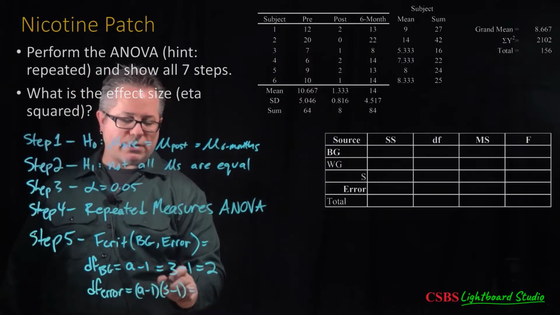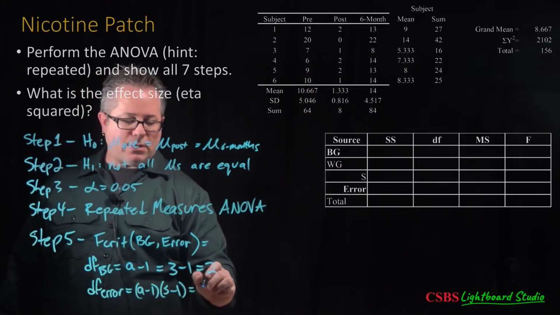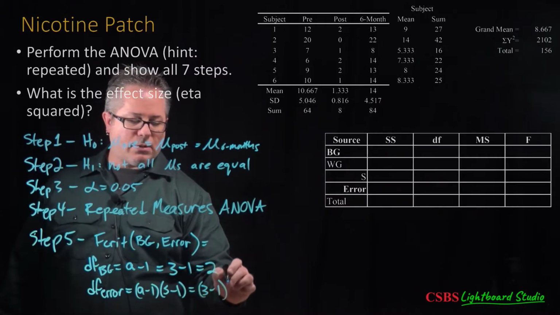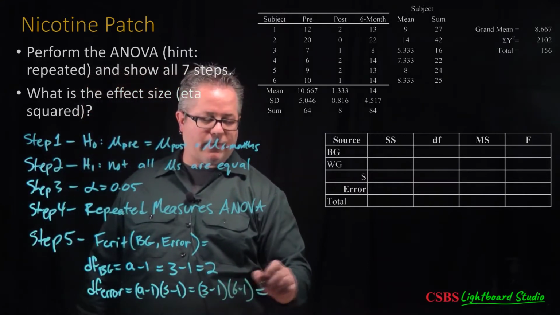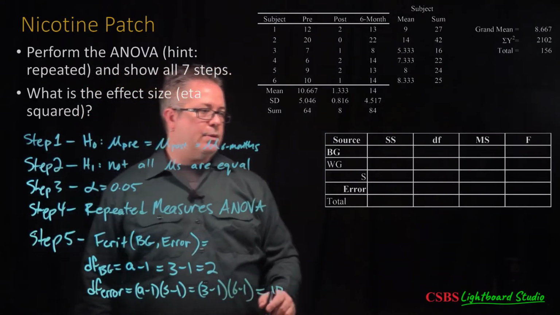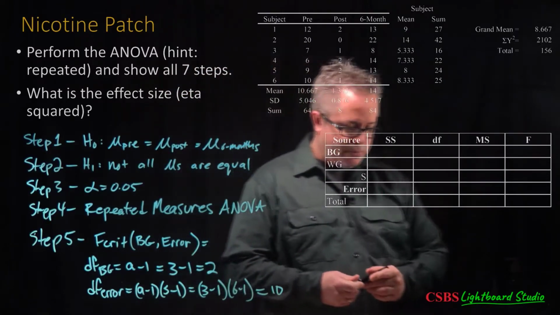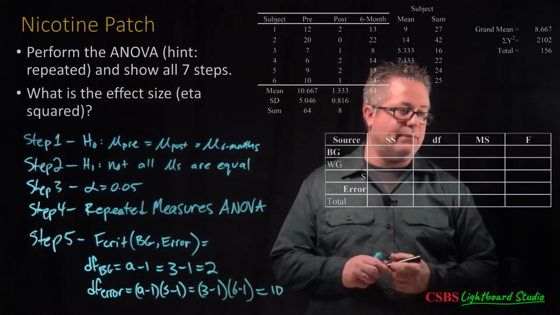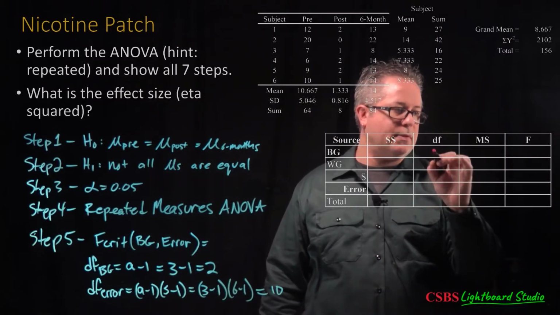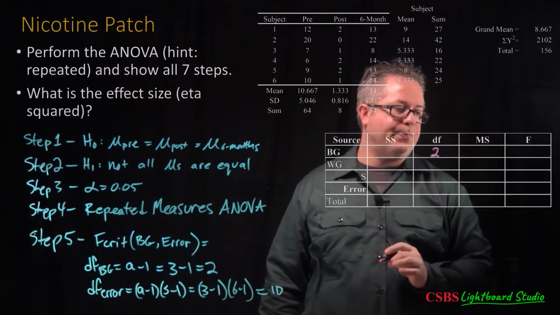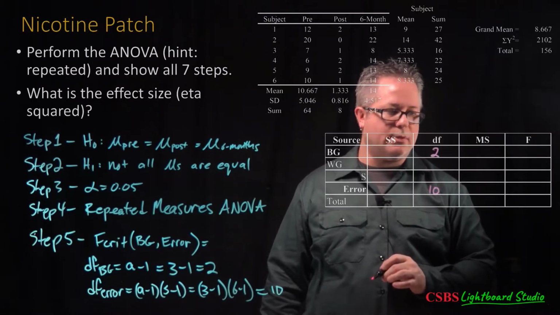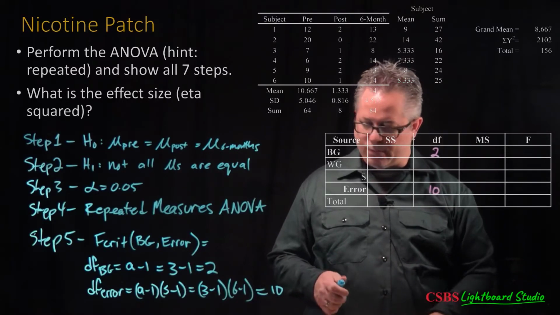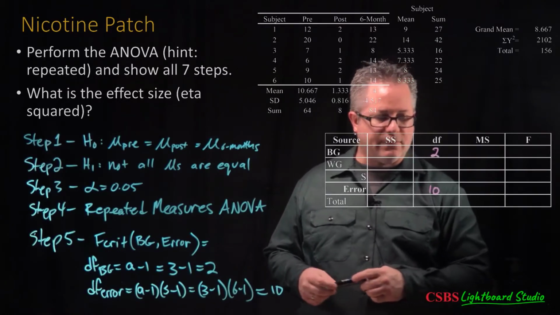So that's going to be 3 minus 1 times 6 minus 1, which equals 2 times 5 is 10. Okay, so now we have those degrees of freedom figured out. Those are the ones we need for the critical value. I know this is 2, and I know that error here is 10. The rest of the degrees of freedom we'll figure out as we go through step 6. But those are the ones we need for now.